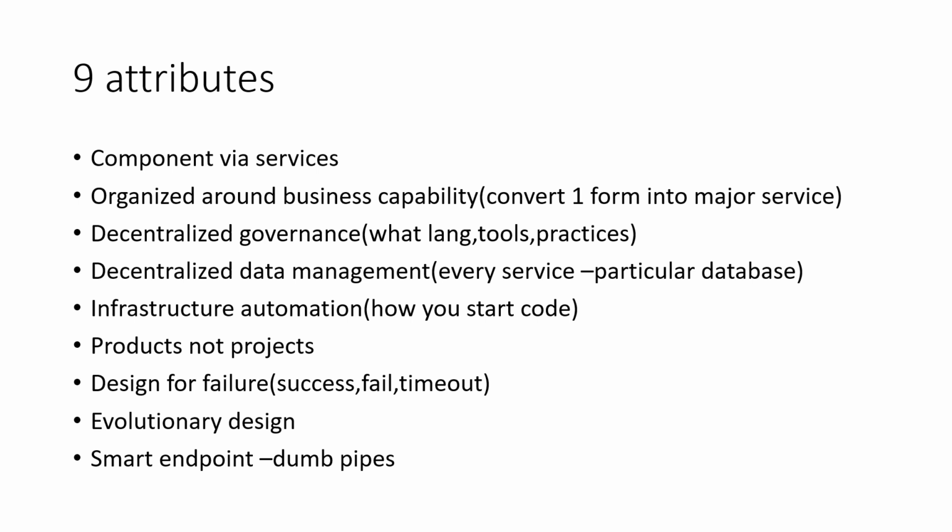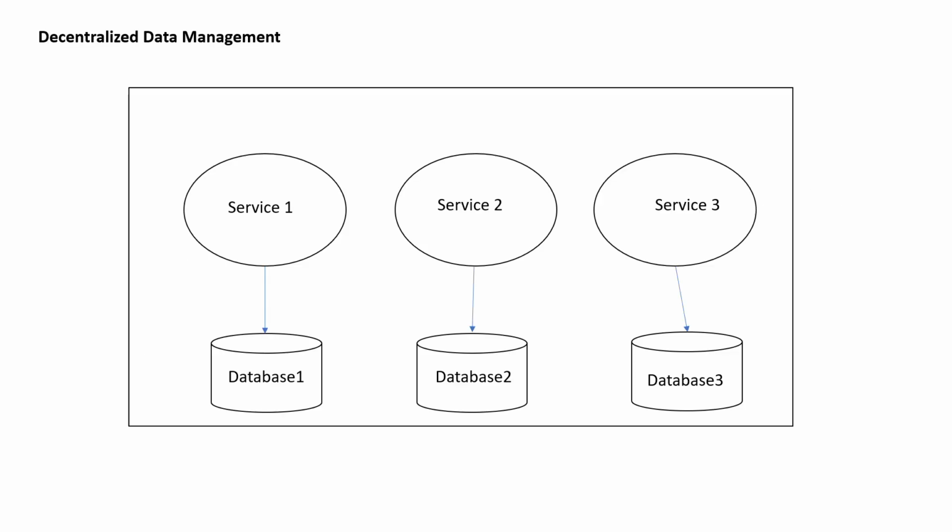So the processing service won't be able to see any data of the validation service. So let me show you a slide. This is basically service 1, service 2, service 3. You can call them the validation service, processing service, or payment service. Every service will have its own database: database 1 for validation, database 2 for processing service, and database 3 for payment service. I have explained this to you.